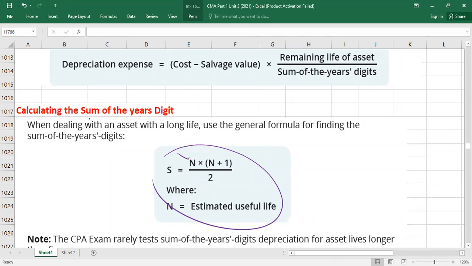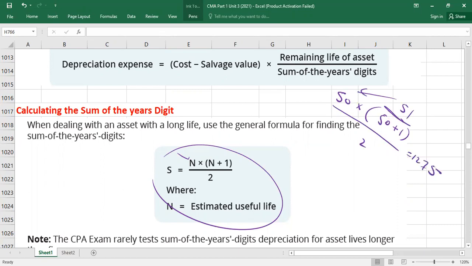For example, asset life is 50 years. So sum of years digit will be 50 multiplied by 50 plus 1, divided by 2. Just solve 50 plus 1, it will become 51. 51 multiplied with 50 and divided by 2 gives 1275.